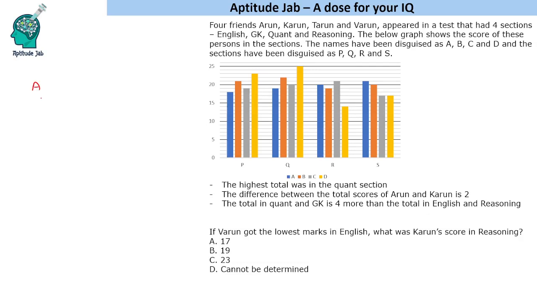So we have A, B, C, D and P, Q, R, S. If we fill this, this will help us solve this because sums and all those things are given to us.